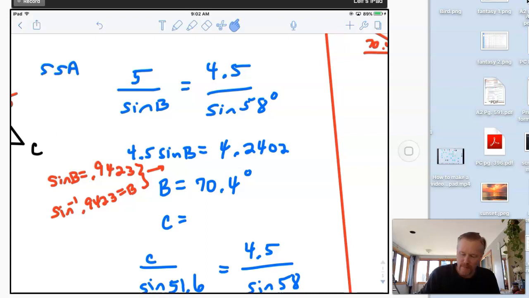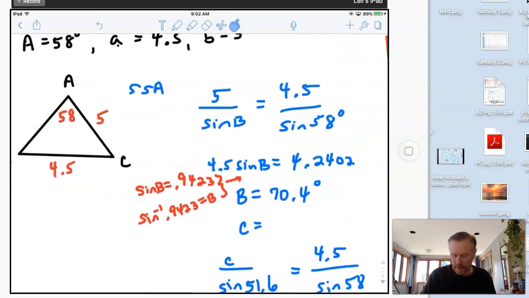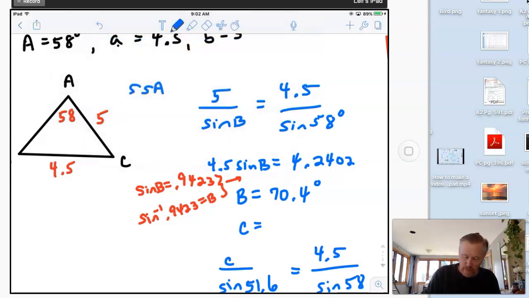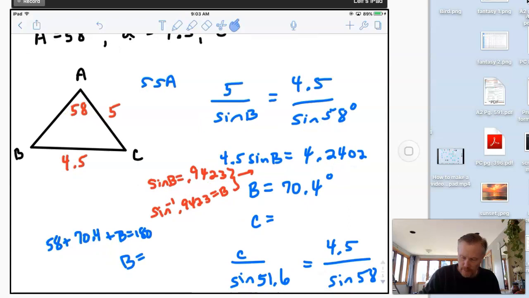So if I do that, I got the angle B. Now remember, there's an easy way and a hard way to do these. You could go doing the law of sines again. The easiest way, though, remember, is that 58 plus B, sorry, I'm looking for C, so change that B to a C, plus C equals 180, since a triangle adds up to 180 degrees.